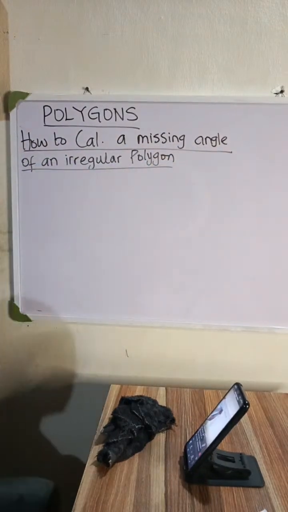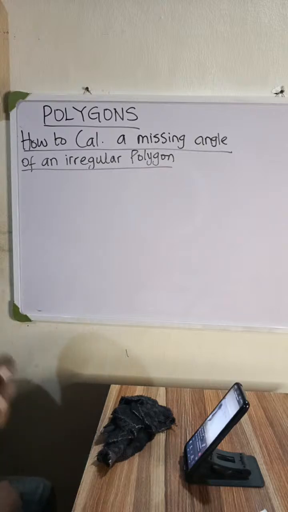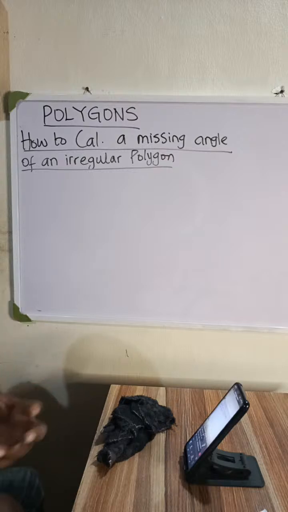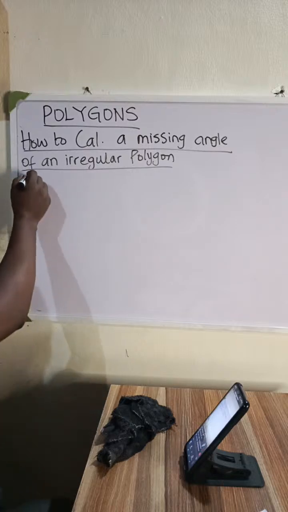So how to calculate a missing angle of an irregular polygon? First you must always remember the sum of angles of that polygon. You must know the sum of angles of that polygon. So let's look at an example.